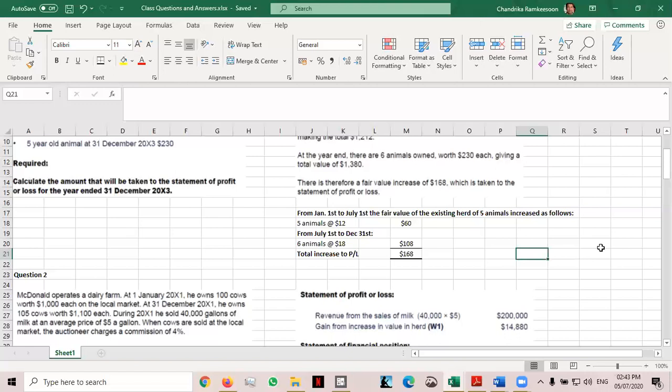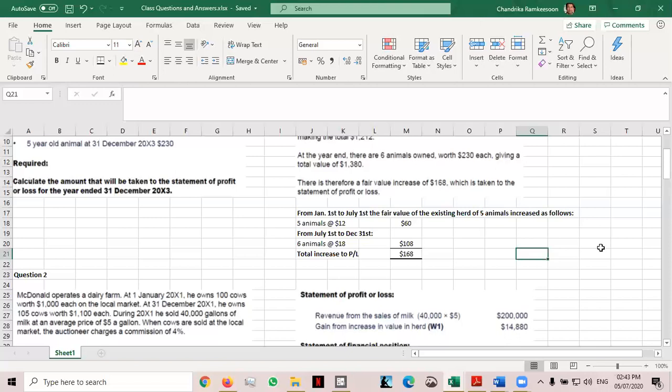So that's where the 5 at $12 came from. And then of course, the animals from 1st July, all of them now 6, to 31st December.